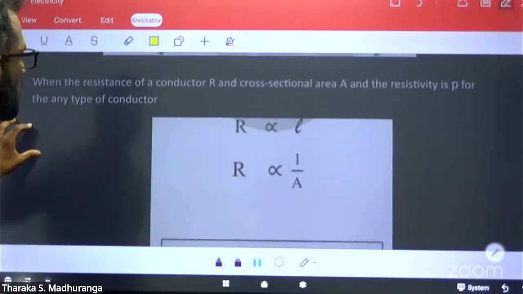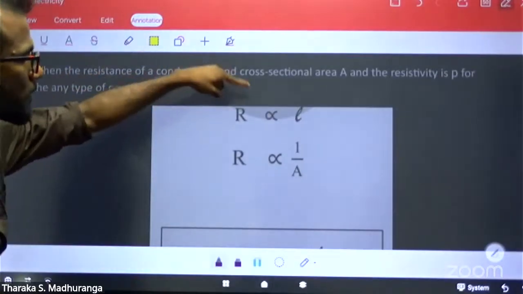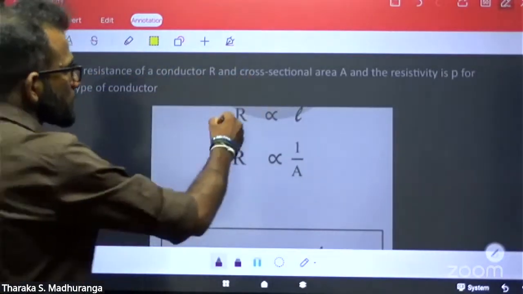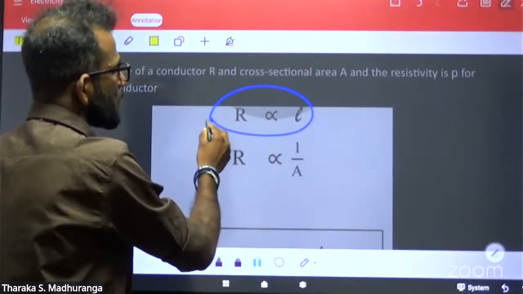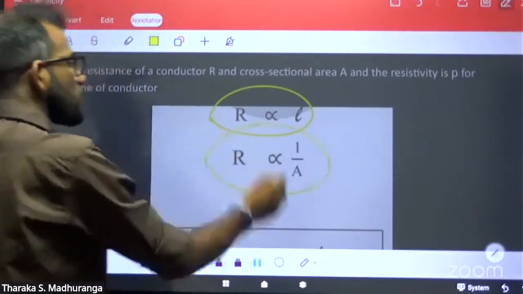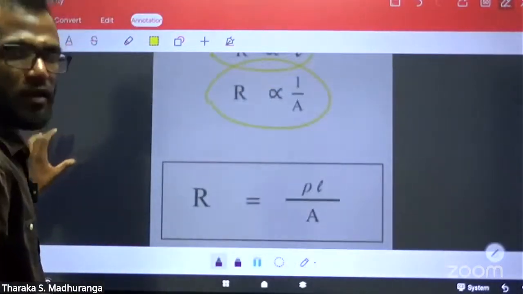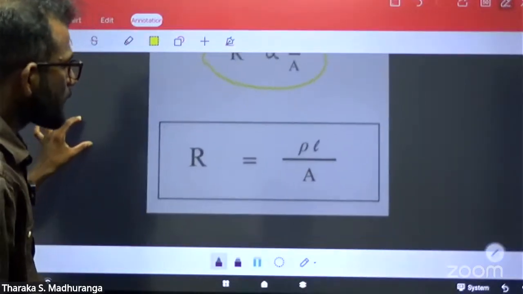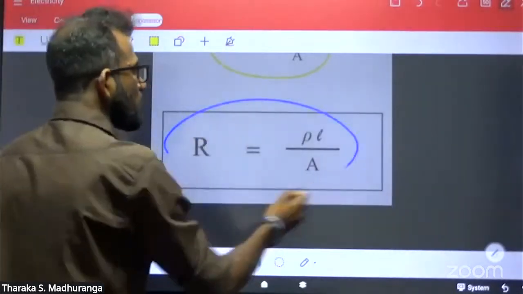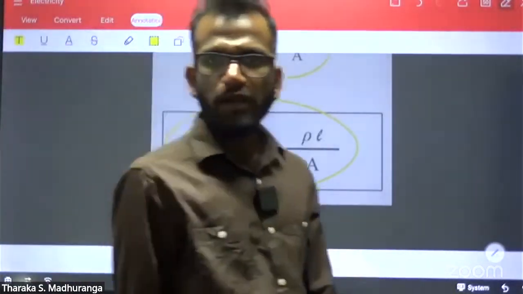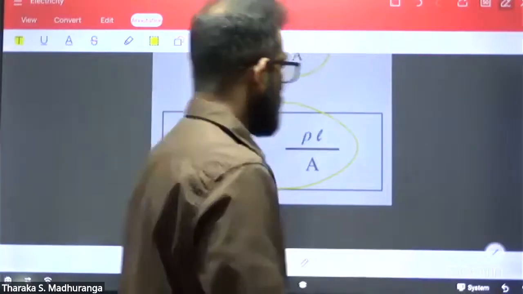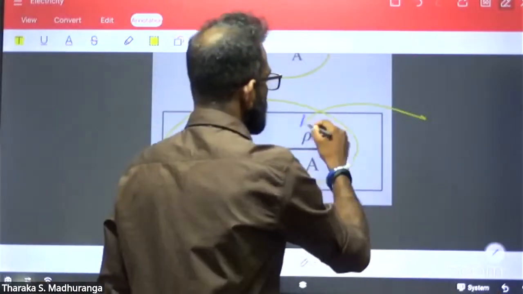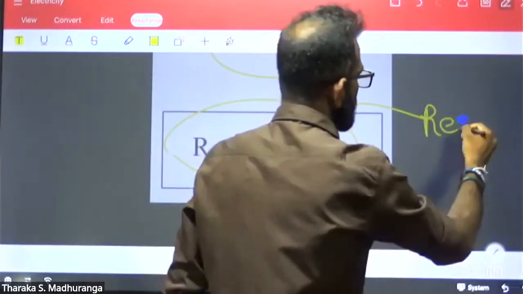Now you can see this conductor. R is directly proportional to L, R is inversely proportional to 1 over A, area, then R equals rho L over A. This rho is the resistivity.